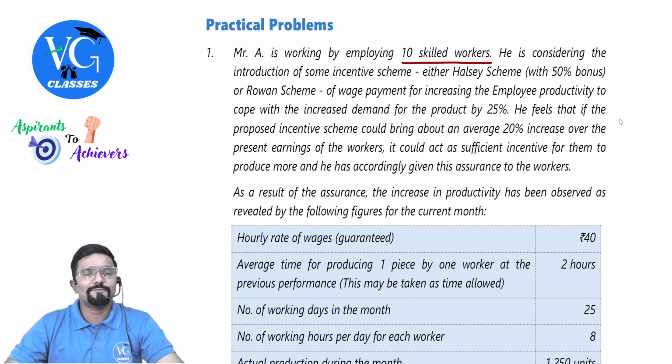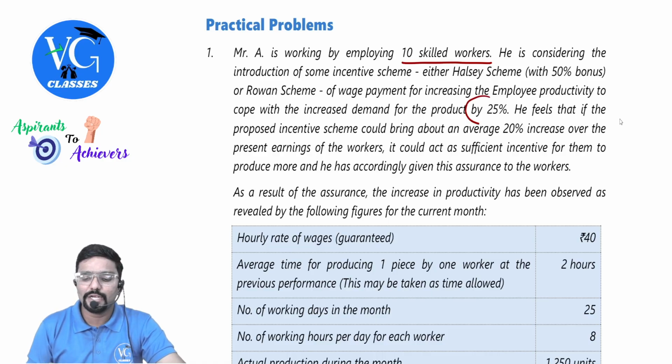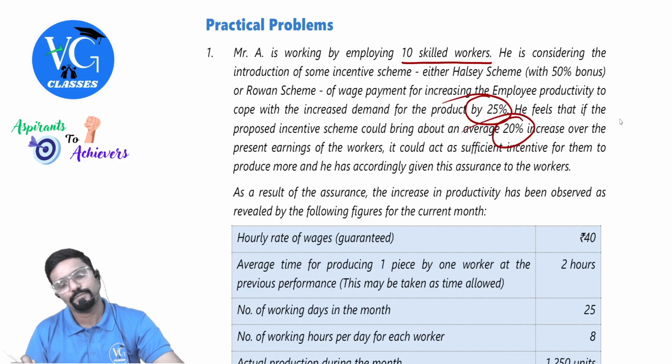He feels that if the proposed incentive scheme could bring about an average 20% increase over the present earnings of the workers, whatever they are presently earning, it will increase by 20% itself. Whereas the productivity might increase by 25%, wages will increase by 20%.